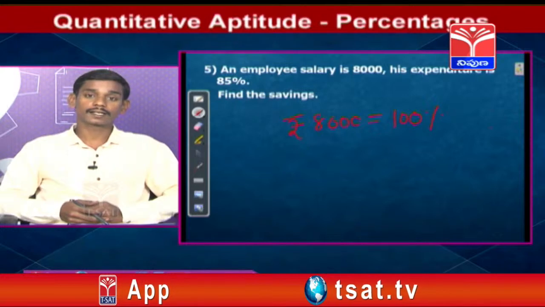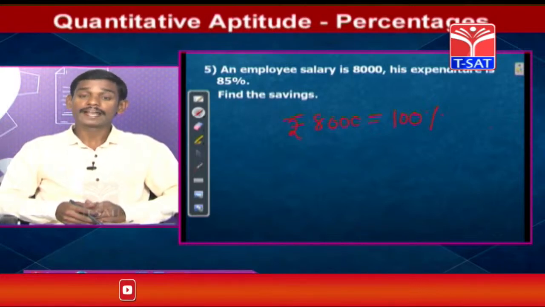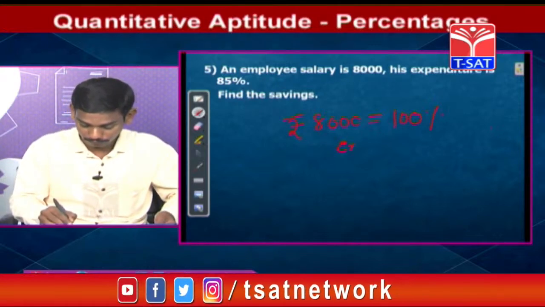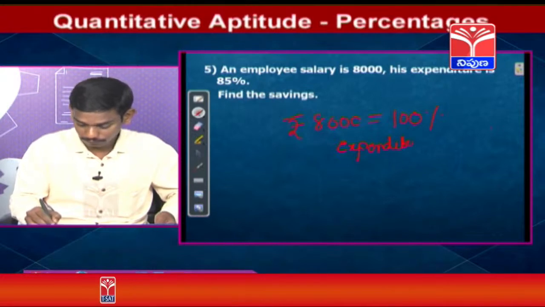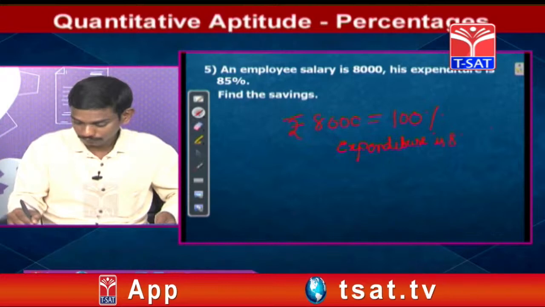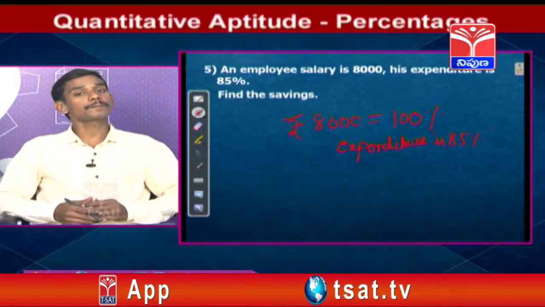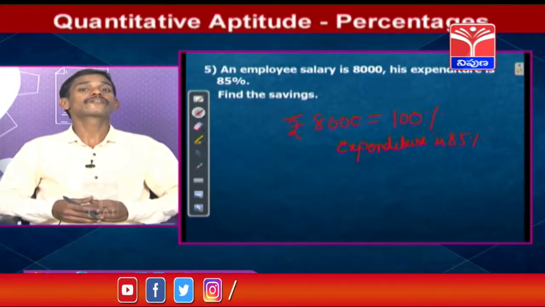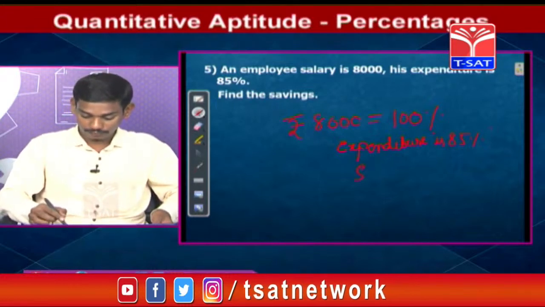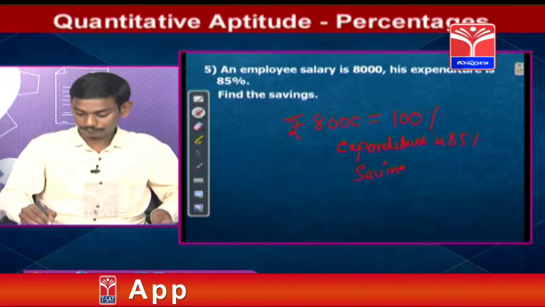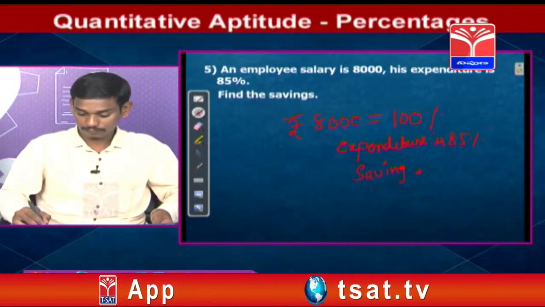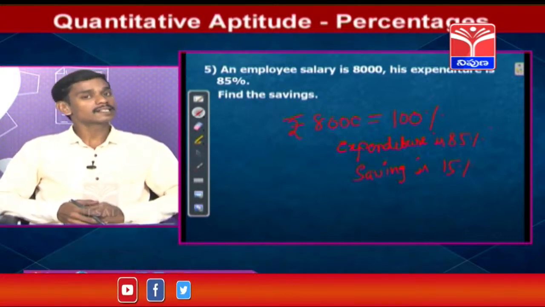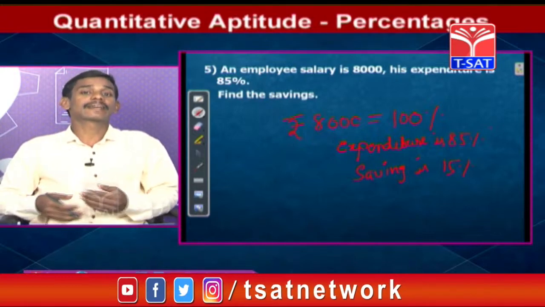In that total salary 8,000, expenditure is how much percentage? 85% of expenditure. So in this 100%, 85% expenditure means how much percentage that employee saves? 15% only. 15%. Now we want to find that 15 percentage value. That means saving money.